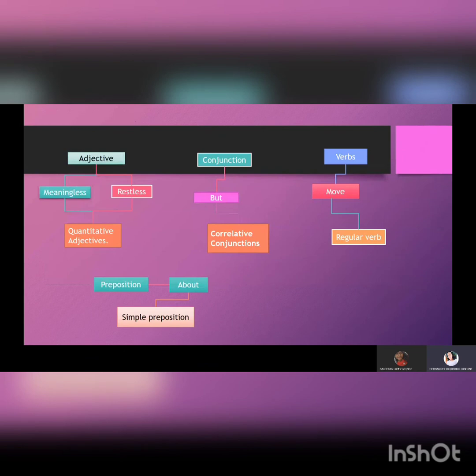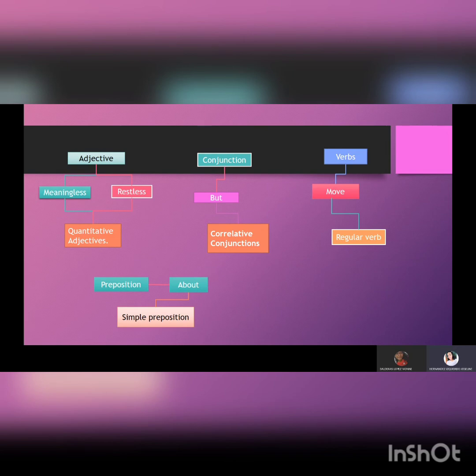The next categories are adjective, conjunction, verbs, preposition, and adverbs. In adjective, we can find meaningless and restless. They belong to qualitative adjectives. The qualitative adjectives provide some characteristic or quality to an object. In conjunction, we can find both.